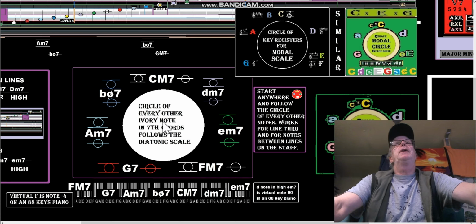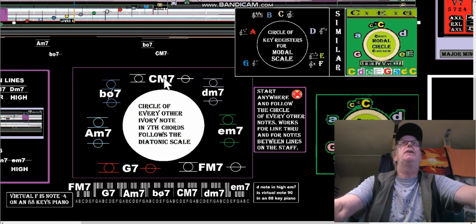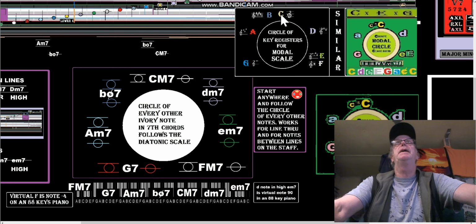Circle of every other ivory note in seventh chords follows the diatonic scale C, D, E, F, G, A, B, C. Not only that, it follows the modal quality of that scale. So this isn't the modal quality. This just happens to follow the different keys match up like that. Whoop-de-doo, right? But here the B is B half diminished sevenths.